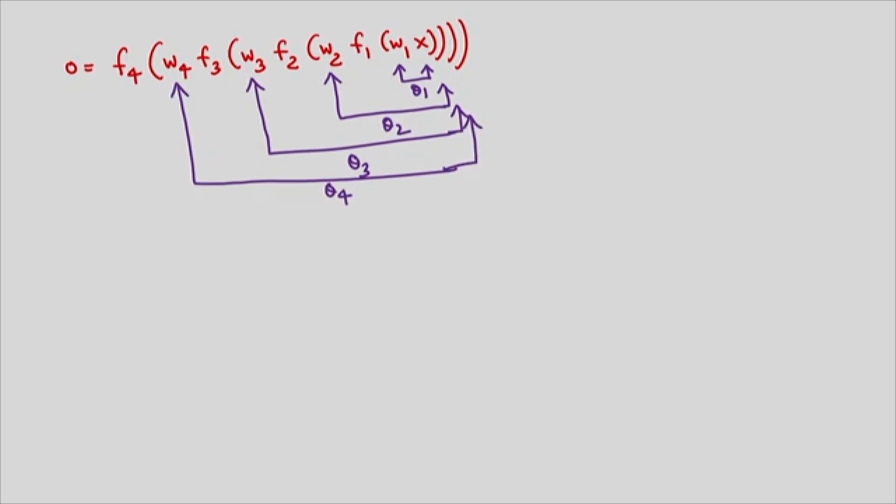So the argument of F4 is theta 4, of F3 theta 3, of F2 theta 2, and of F1 theta 1. This is for the mathematical convenience.